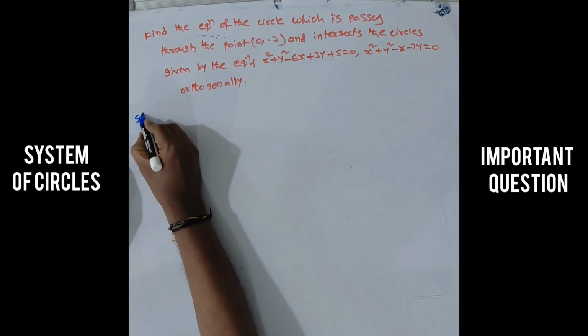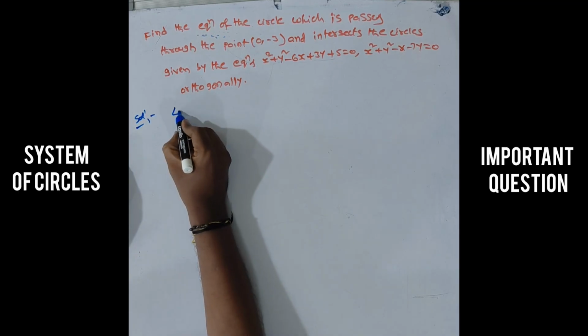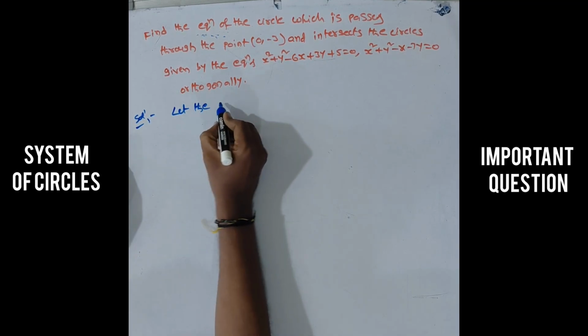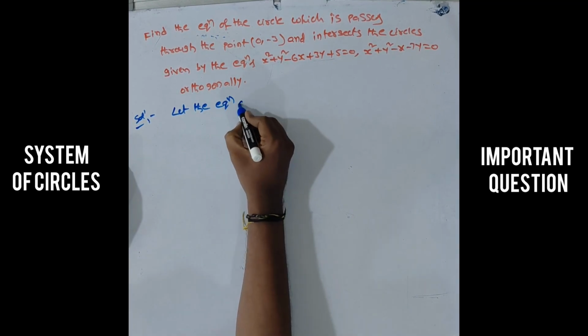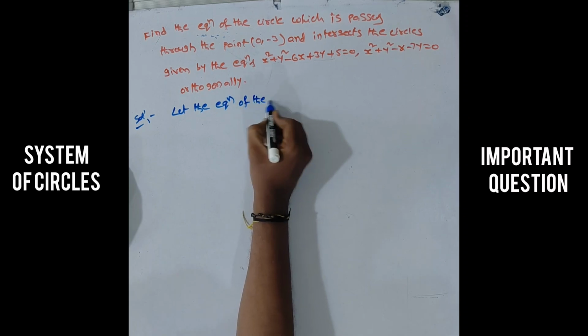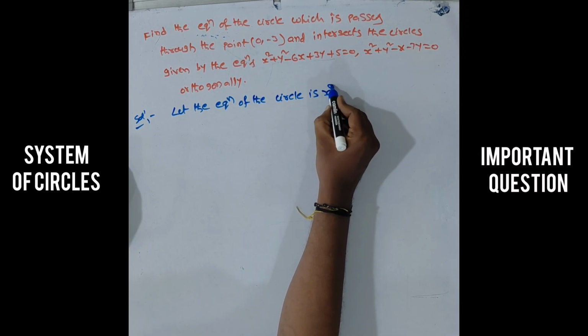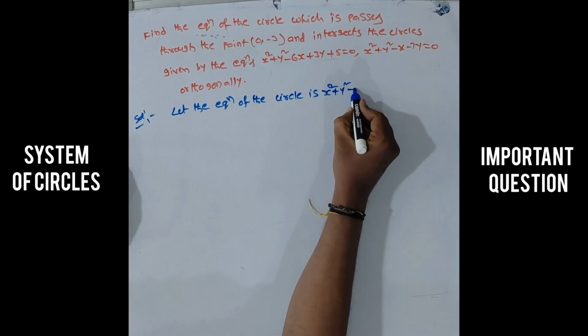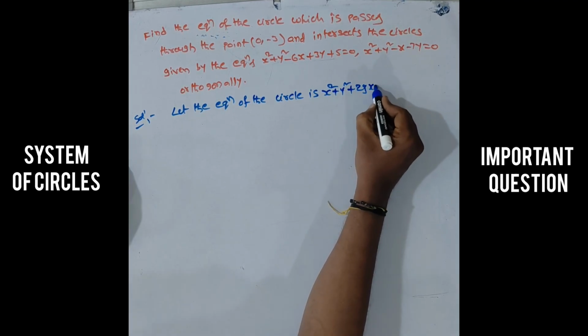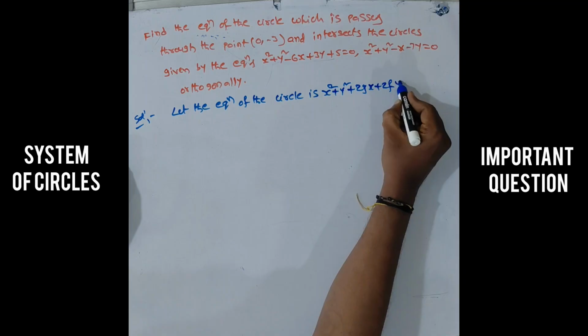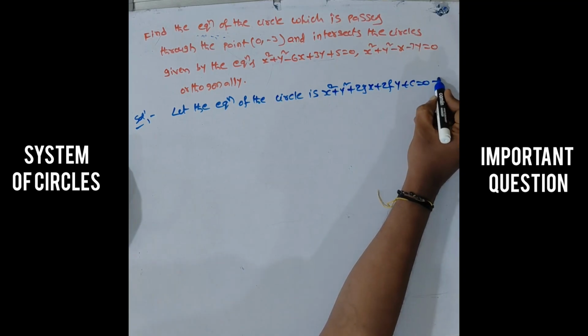Now, solution. Let the equation of the circle be x² + y² + 2gx + 2fy + c = 0. This is equation number 1.